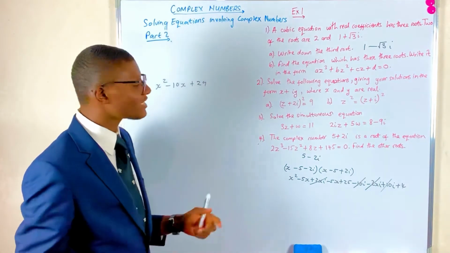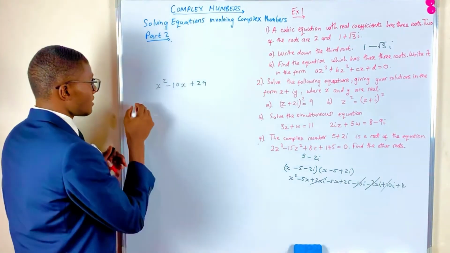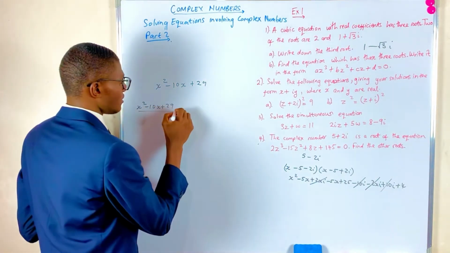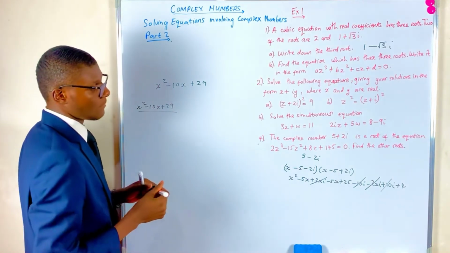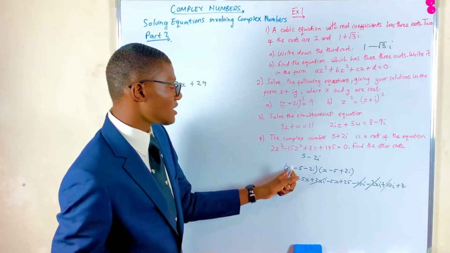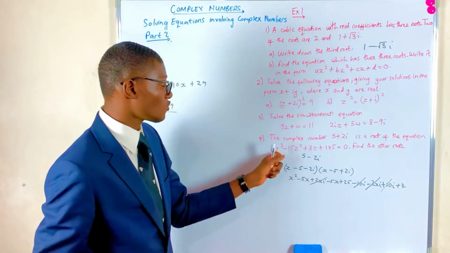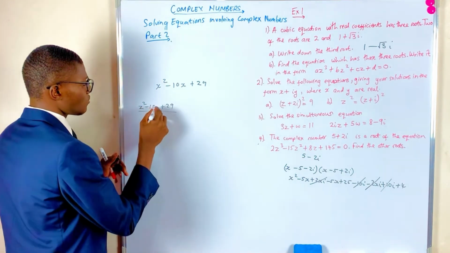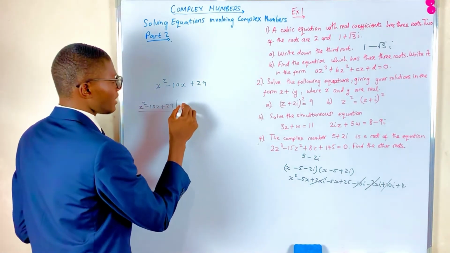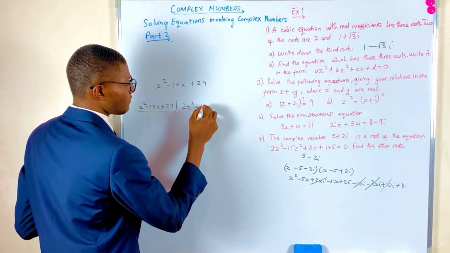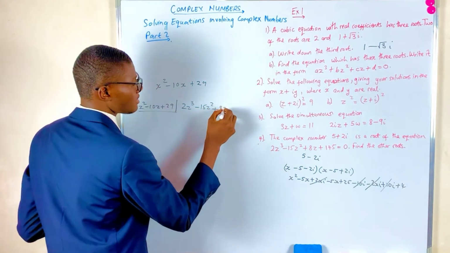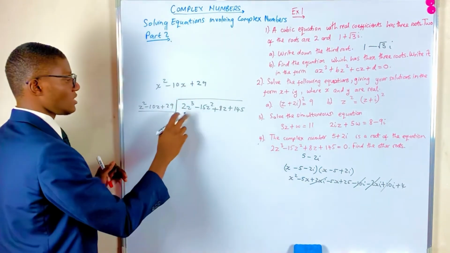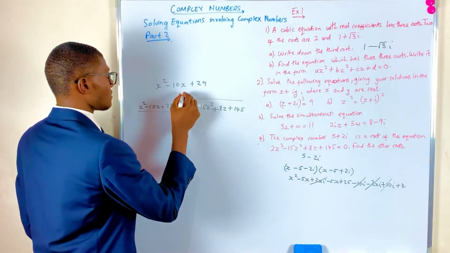So to find the last factor, we can use long division here, and simply say x squared minus 10x plus 29. We are dividing this into, oh, okay, in terms of x, we're supposed to put z. So let me just make the substitution here. So this z squared minus 10z plus 29, right, dividing into 2z cubed minus 15z squared plus 8z plus 145. So z squared into 2z cubed, this gives us a 2z.